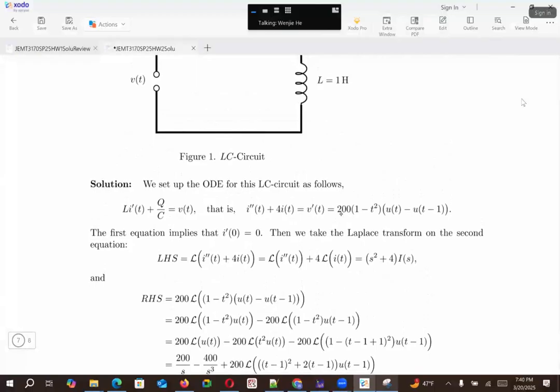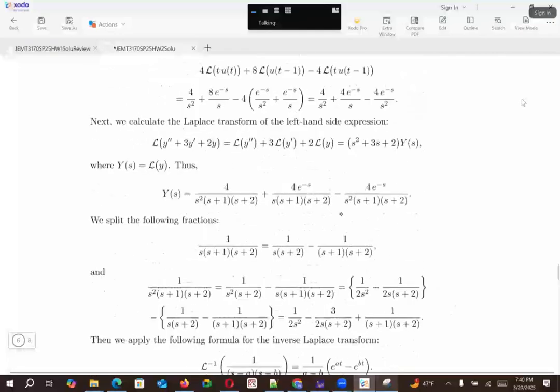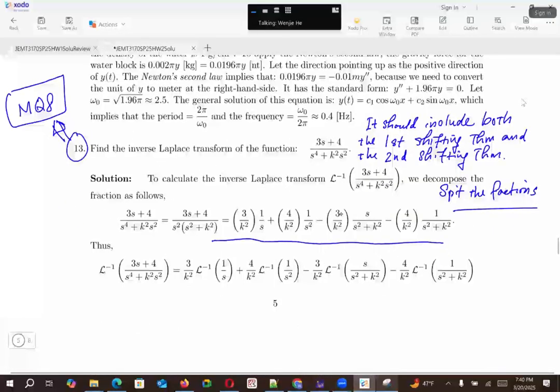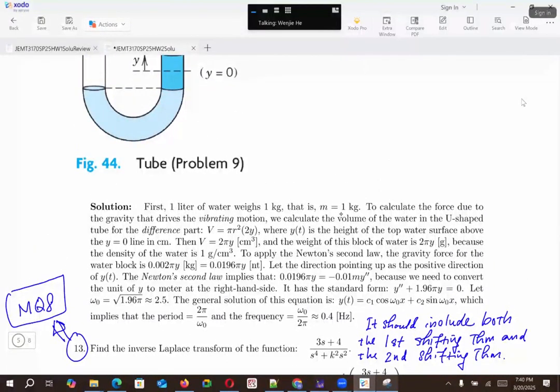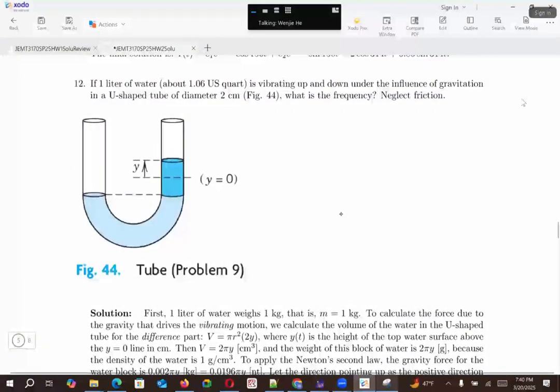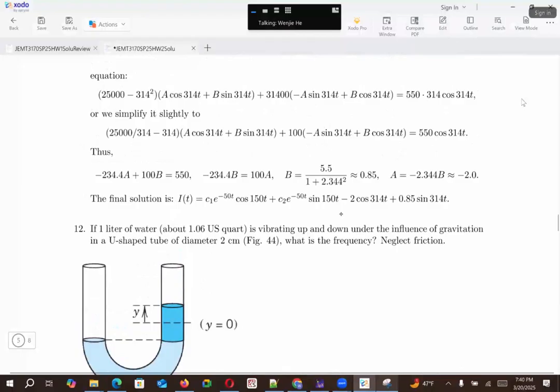Here I didn't give you an example. Although it's similar to this one, but not quite. So I do not want to say this one is the MQ9.